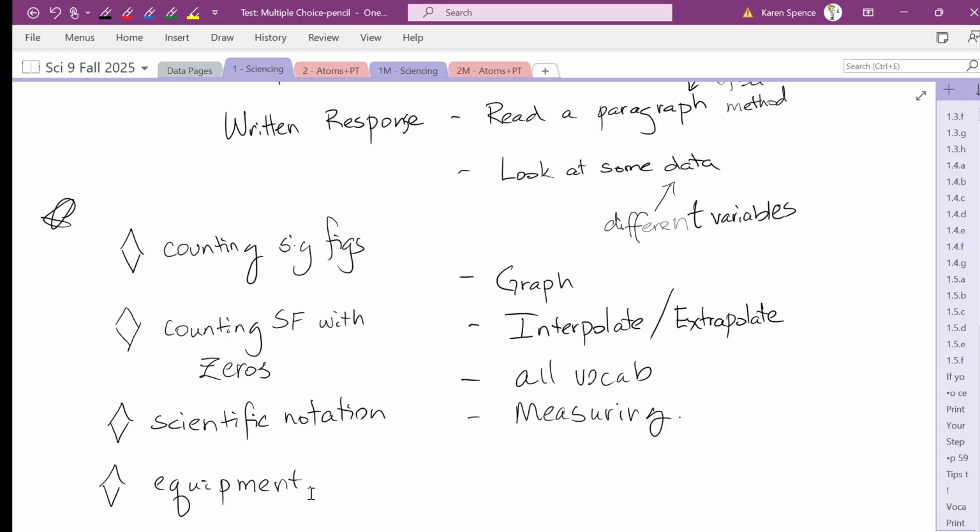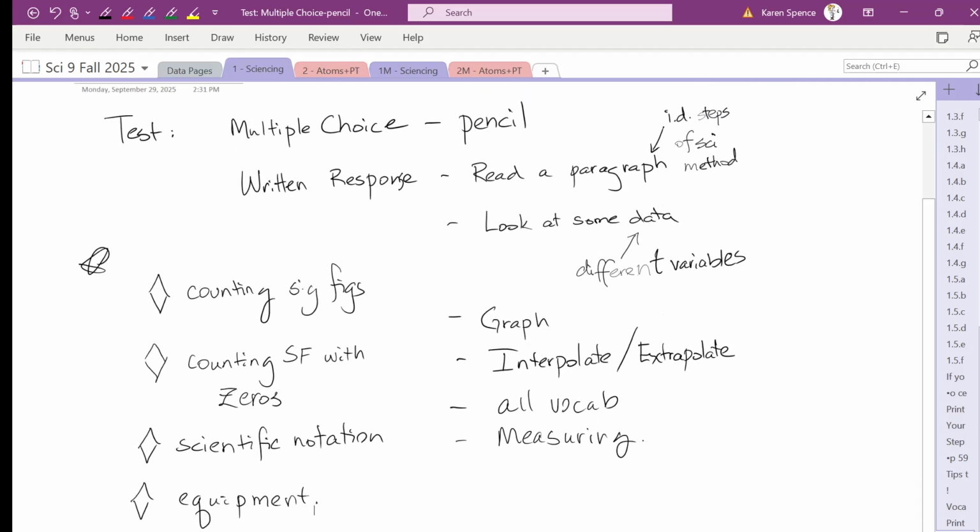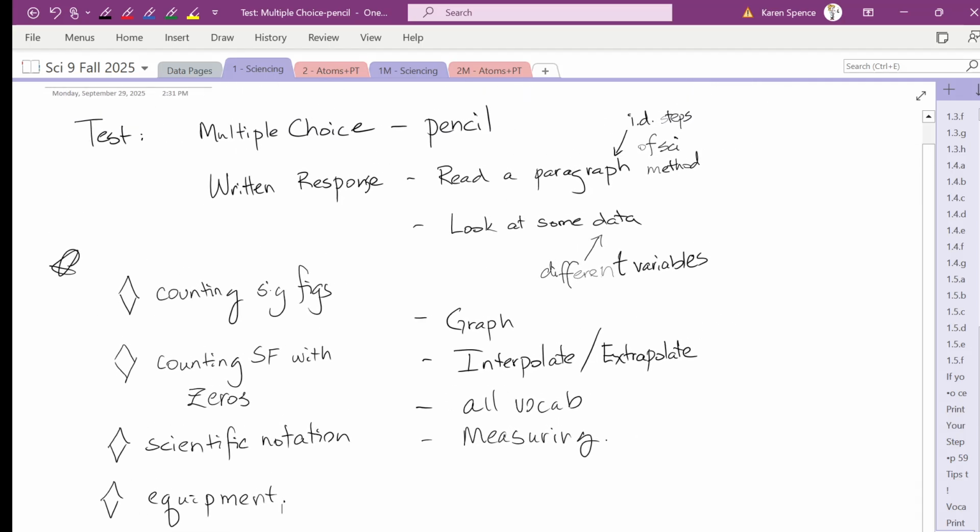I'll take a look through there and just make sure. It was like solvent, solute. Don't worry about those ones. Are we good? We understand what's happening on the test?